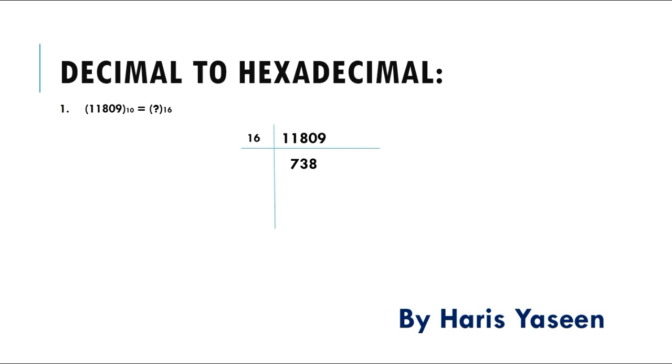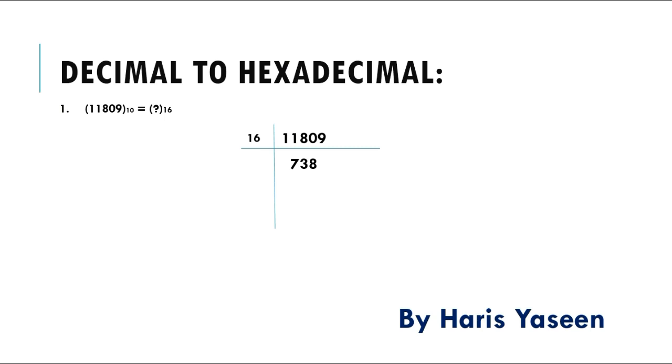The 6 concatenated with the 0 is 60, and this time 16 multiplied by 3 is 48. 60 minus 48, the remaining value at this time is 12.